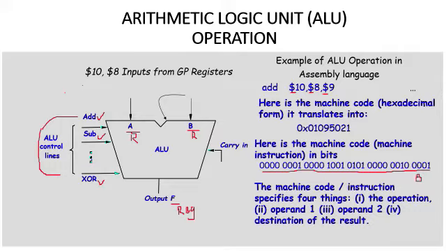So this is binary, and the upper one is the hexadecimal. But these are both conversions from this instruction.